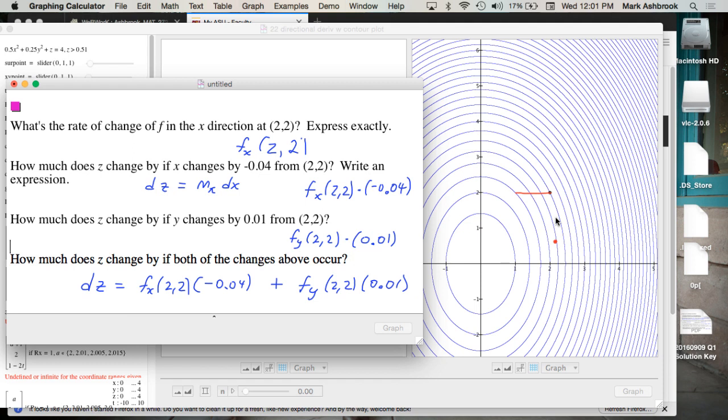Proportionally, I drew the change in the x direction as negative 1. Proportionally, how much is our change in y to that? If this is my change in x, which was negative 0.04, but magnified to 1, proportionally, what's my change in y?